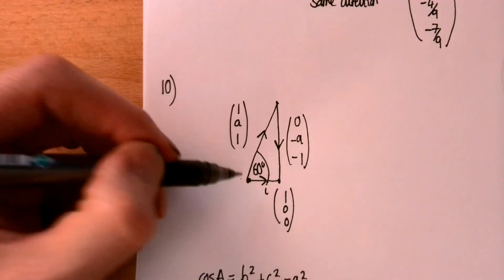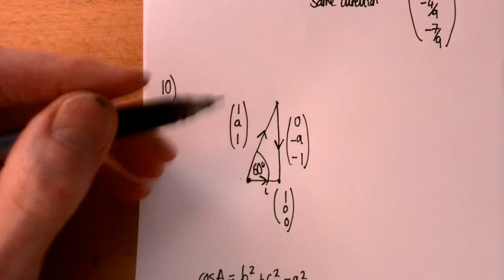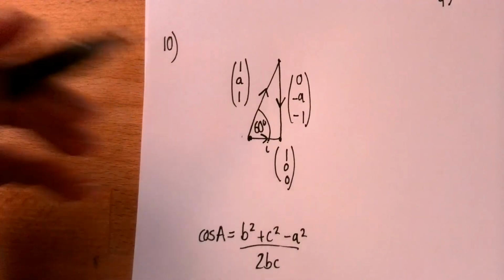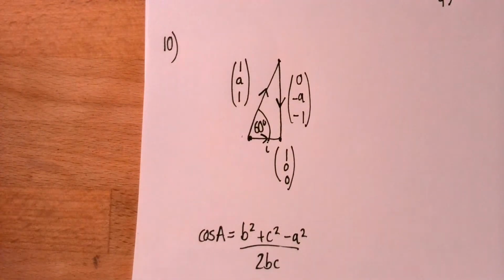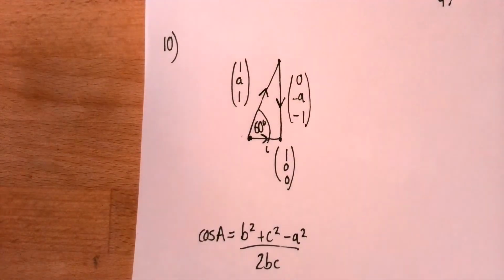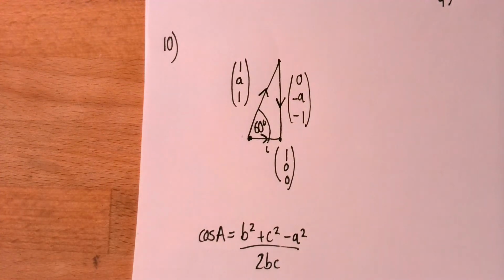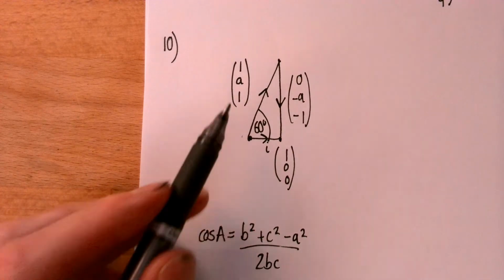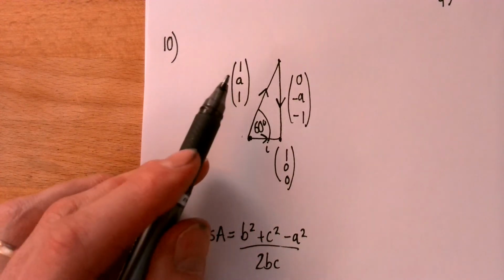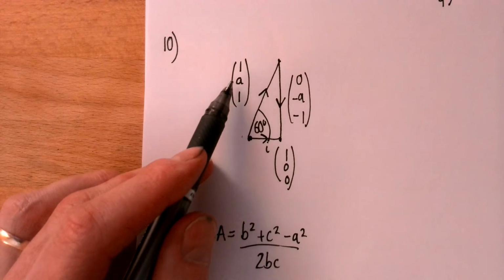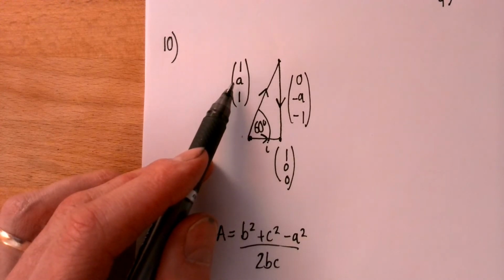And so I've got 3 lengths, so I can use my old friend, the rearranged cosine rule, to work out the angle, or in this case, I already know the angle, so I'm going to use the normal cosine rule, and I'm just going to plug in the values and work out the length of this one, which will be in terms of a.